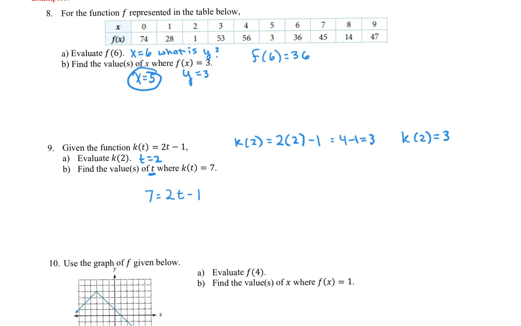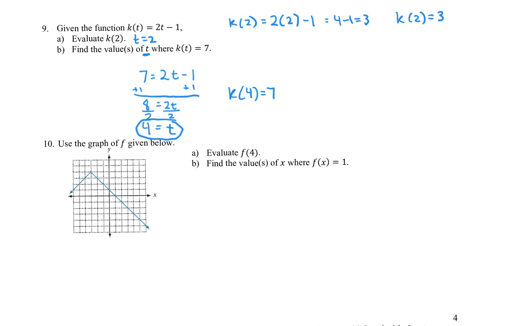So we're going to go ahead and solve this. And we will get 4 for our answer. So that means the k of 4 equals 7.